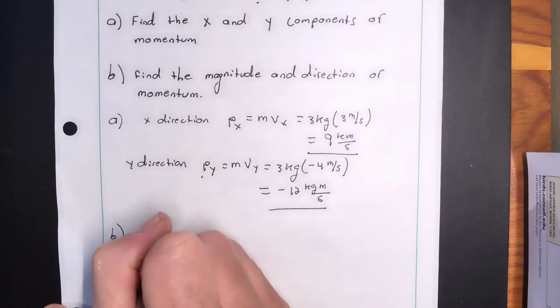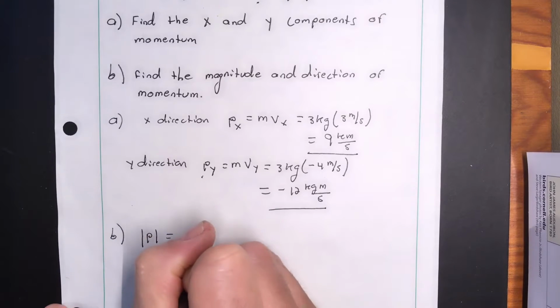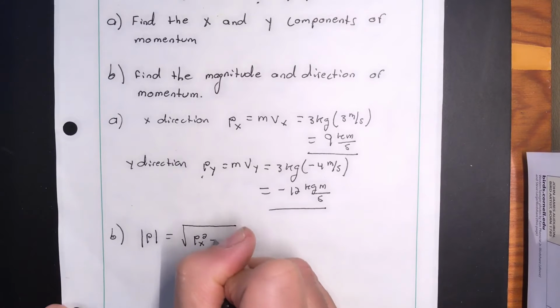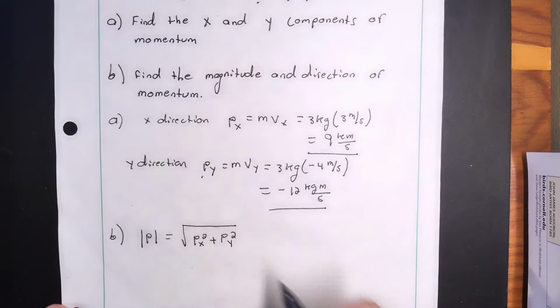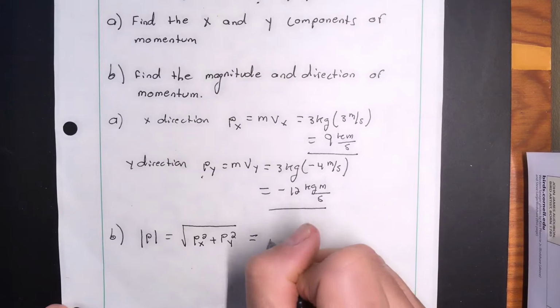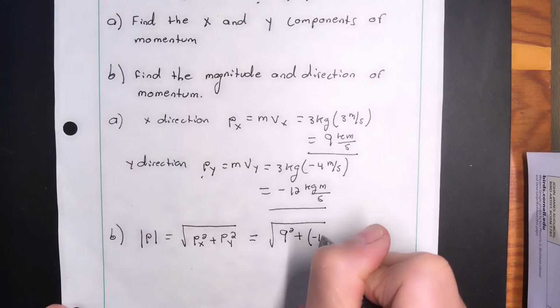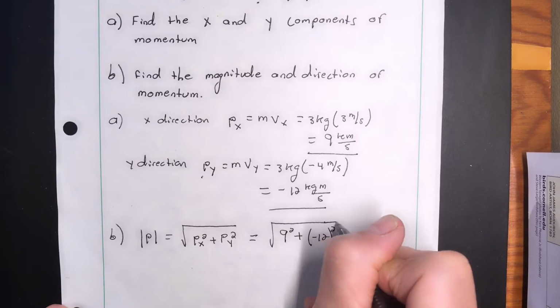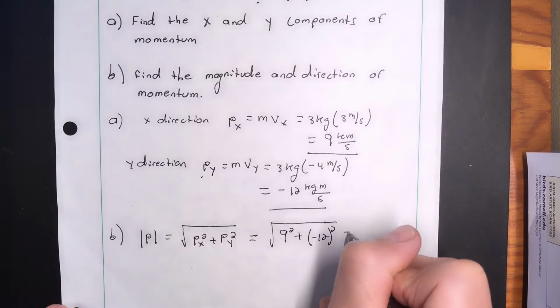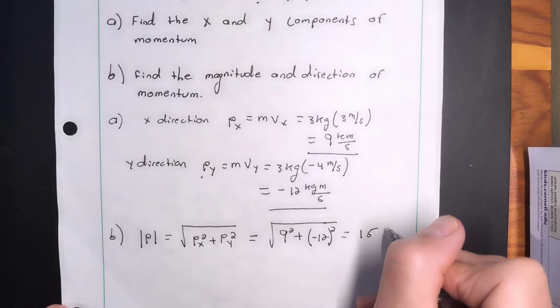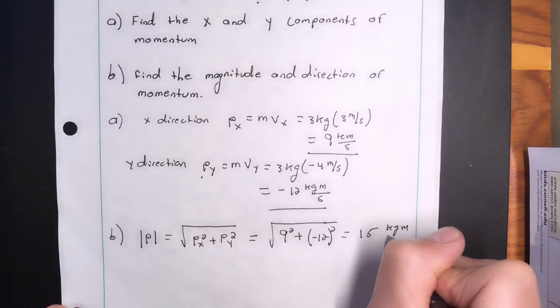So the magnitude of the momentum is going to be the square root of the squares. So that's the square root of 9 squared plus minus 12 squared. Minus sign goes away because it's squared. So this ends up being 15 kilogram meters per second.